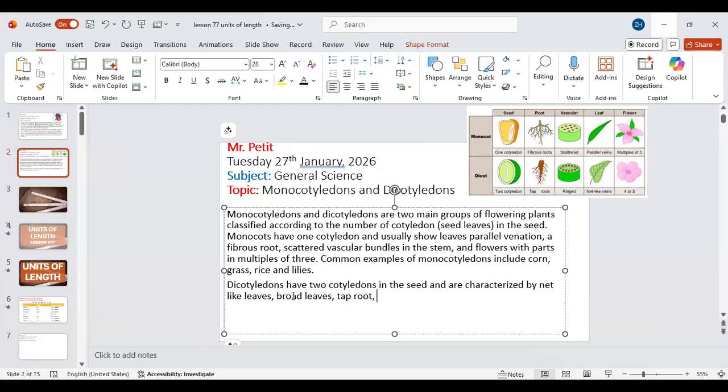What else? Vascular bundles arranged in what? Rings. Very good. Vascular bundles arranged in a ring in the stem. And flower parts in multiples of 4 or 5.